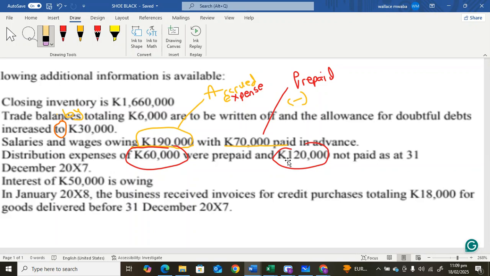Will it be under current assets, capital, current liabilities? Thank you, madam. Current liabilities, yes. Although I wanted Mr. Joshua to answer. But thank you, madam. Yes, we'll find it under current liabilities. And then this 60,000 prepayment, where are we going to find it?